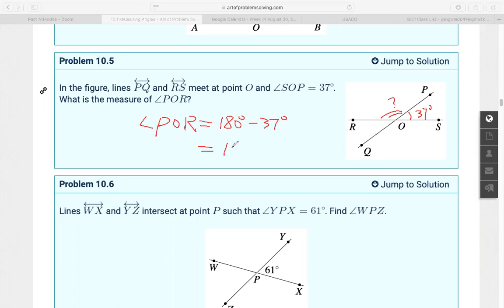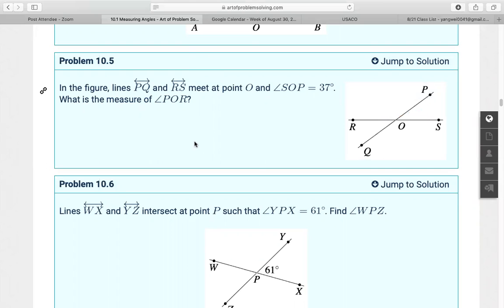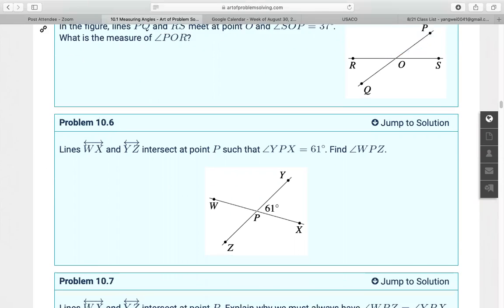This one will give you 143 degrees, because ROS is a straight line. So angle ROS equals 180 degrees, then minus 37 degrees. Then you got 143 degrees. That's POR.